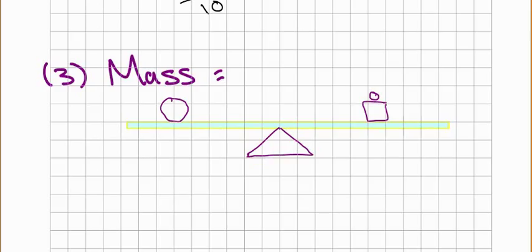Then you need to measure the distances of both objects from the pivot. Then you can apply the equation m1 times d1 equals m2 times d2.